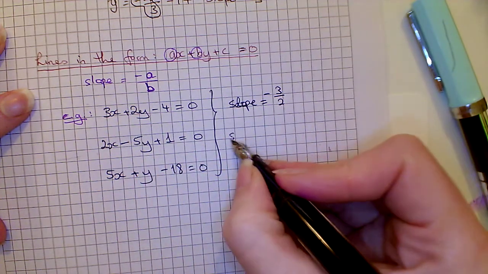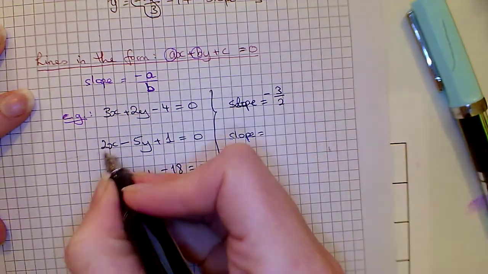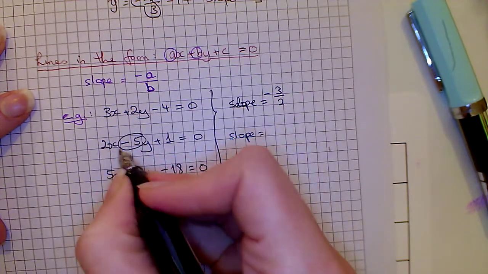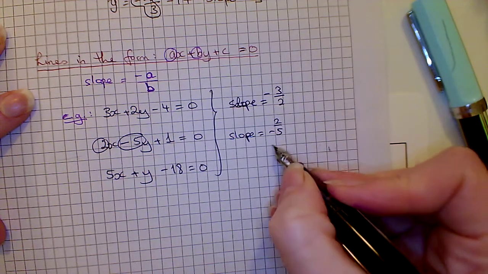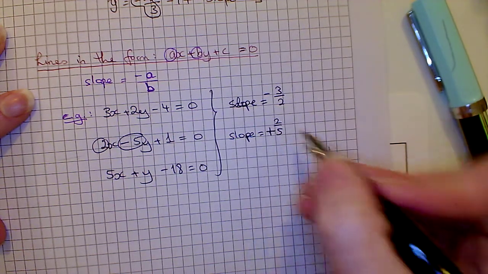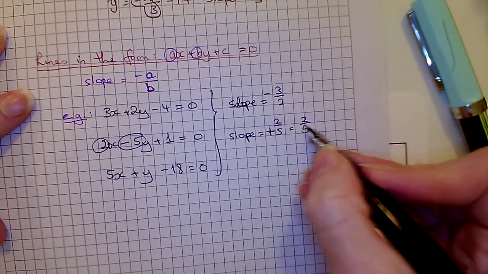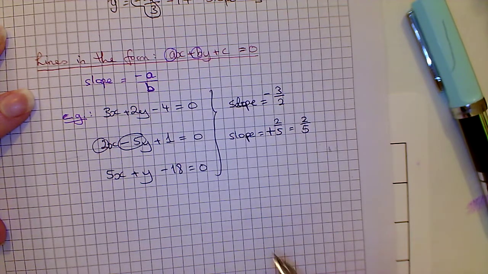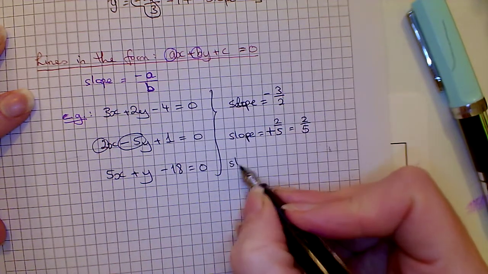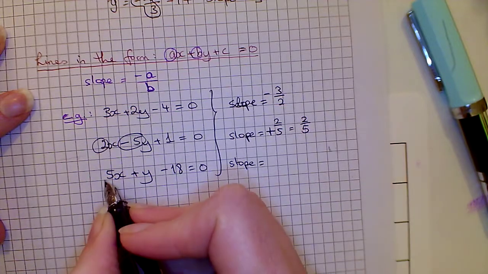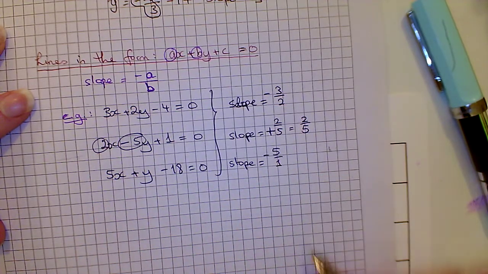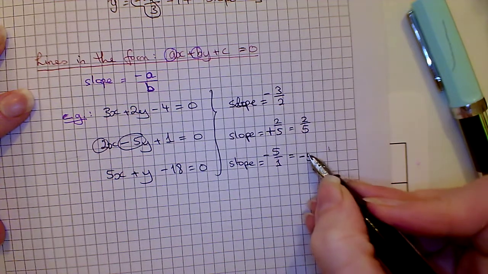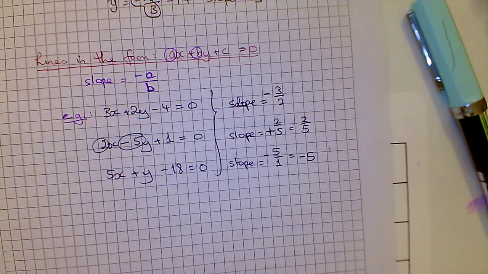This one, the slope will be the x coefficient over the y coefficient. Don't forget we've got a minus in there as well. So 2 over minus 5 and change the sign, 2 over 5. So don't forget to change the sign. And this one, the slope will be 5 over 1, and change the sign, and that is just minus 5. So that's how we do those.